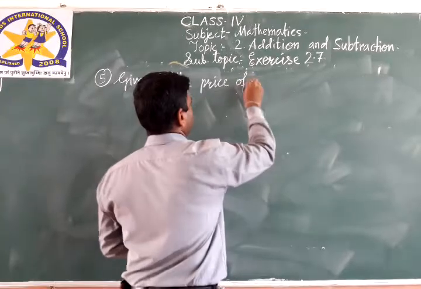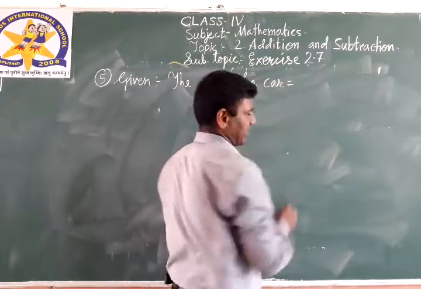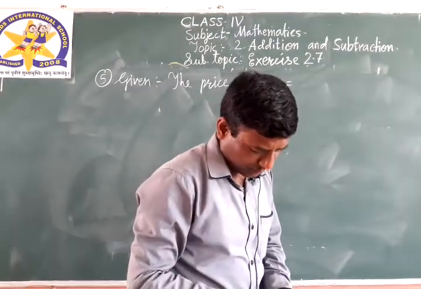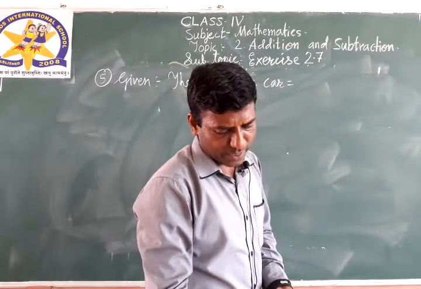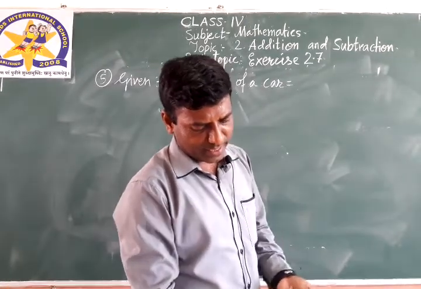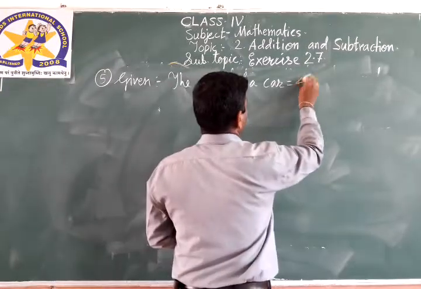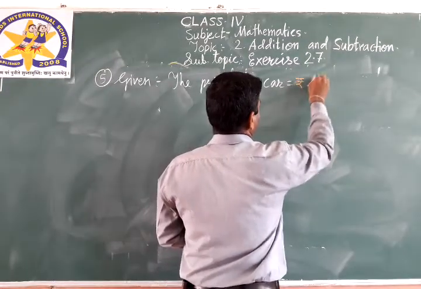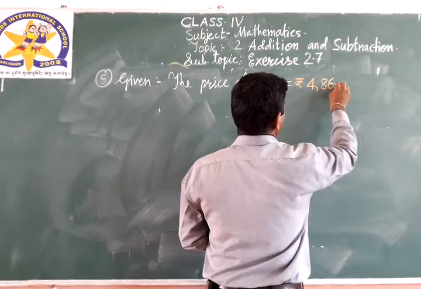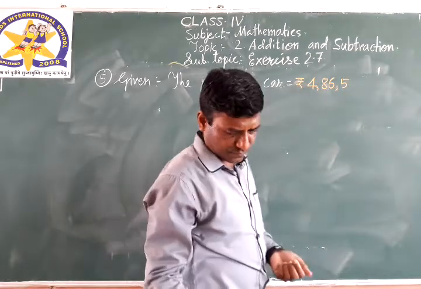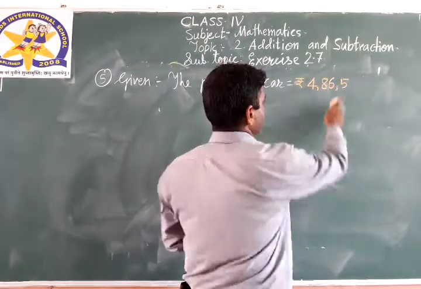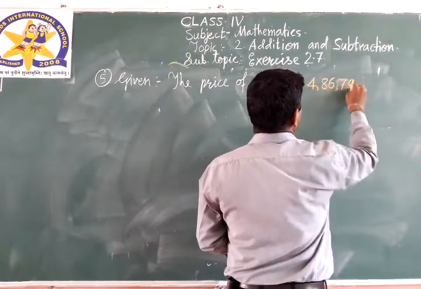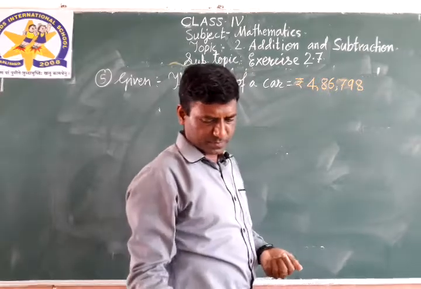Price of a car. What is the price of a car? Given 4,86,798 rupees.